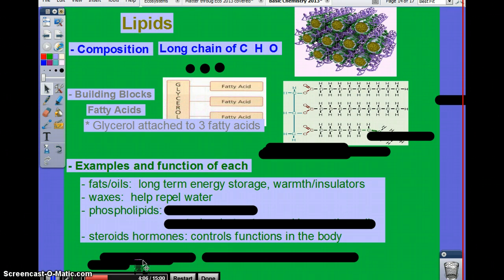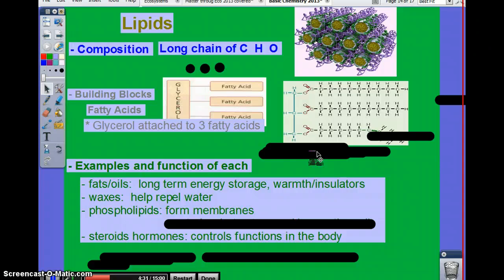Here's the last one. Anybody know what a phospholipid is? You've seen this word. I promise you. Has to do with cells. So if I tell you this, forms membranes, what do you think a phospholipid membrane does for a cell?